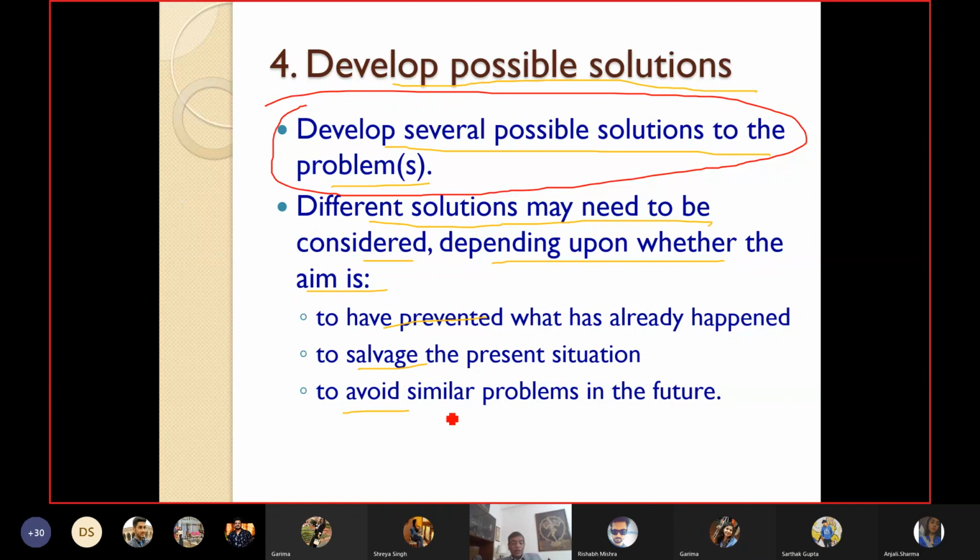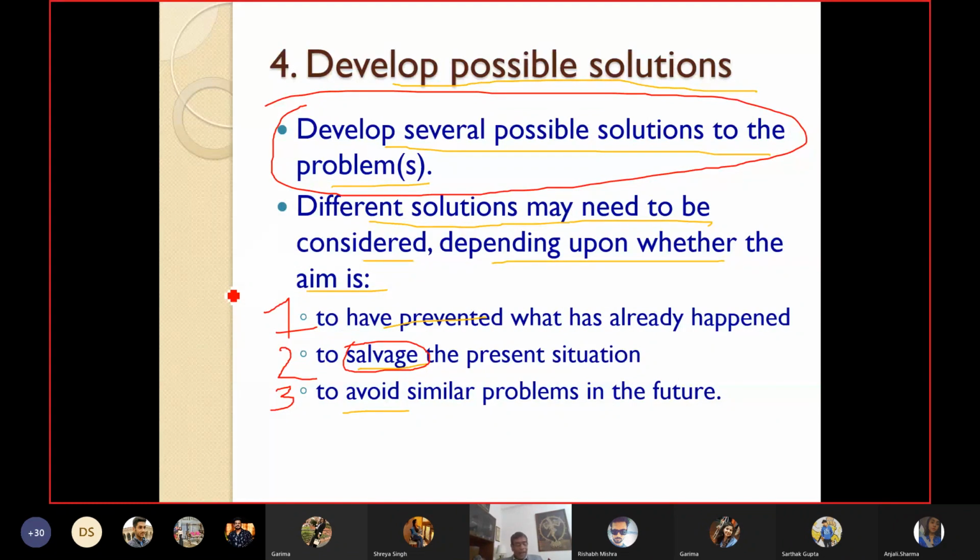Now, the solutions you need to consider depend on what your objectives are. If you want to prevent what has happened, if you want to correct the present situation, salvage means to provide relief to the present situation. And third is to make sure that what has happened doesn't happen again. So A, is it a solution to prevent? Second, it is to improve a present situation.